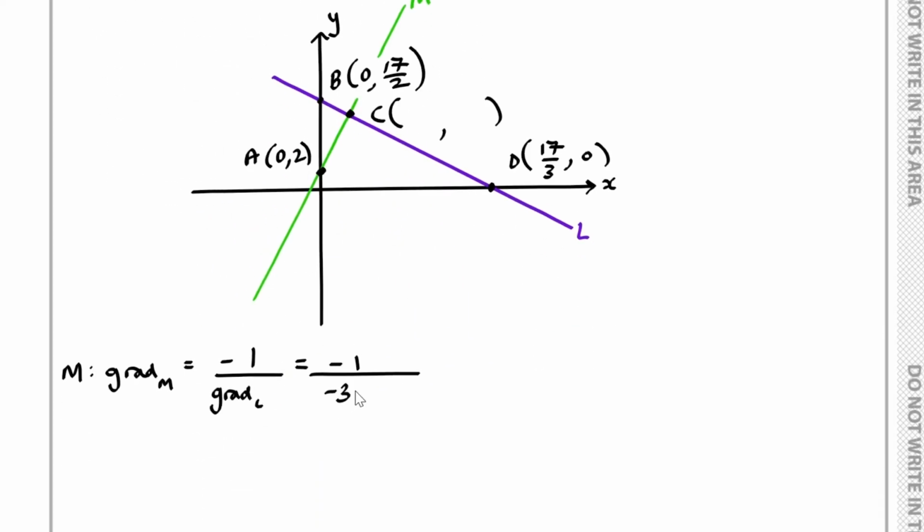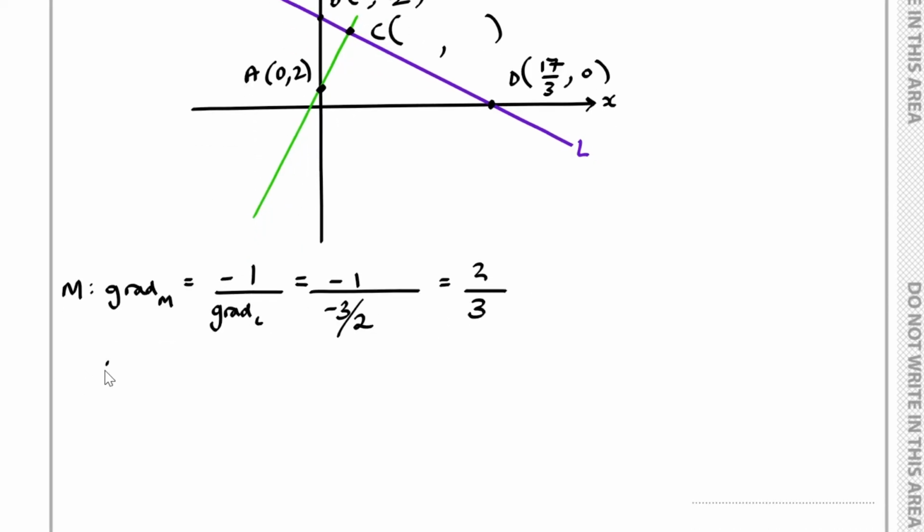So if we work this out, we get 2/3. Okay, and we know that it crosses the y-axis at the point 2. So therefore, M has equation y equals 2x over 3 plus 2.